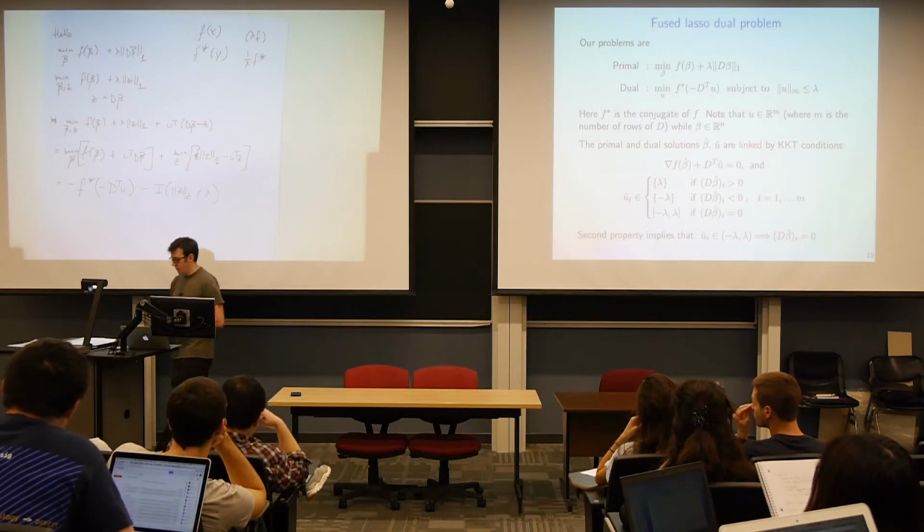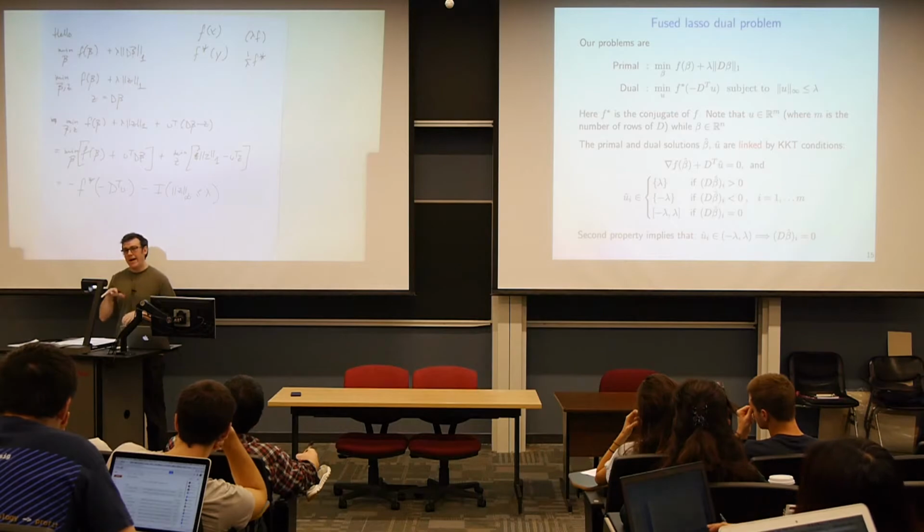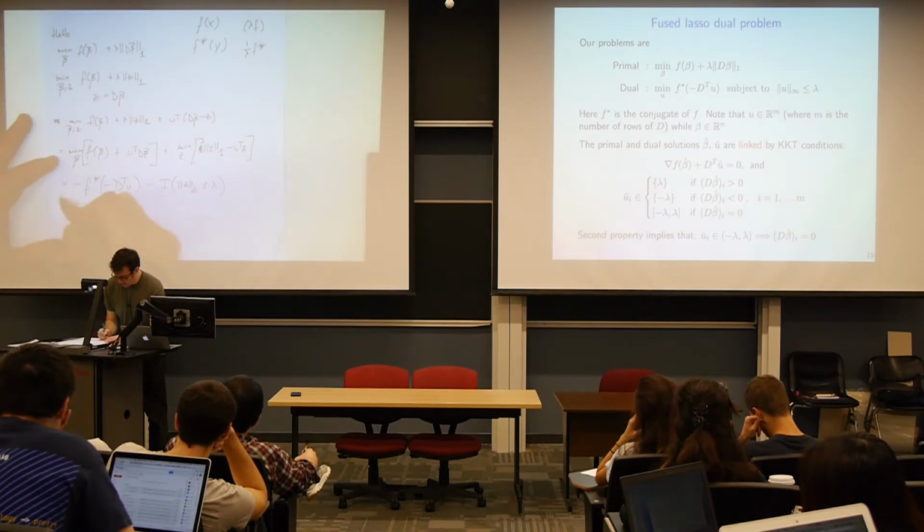So using that, in order to set up the dual problem, we're going to maximize this over u greater than or equal to 0.